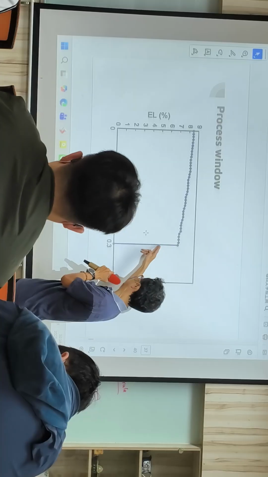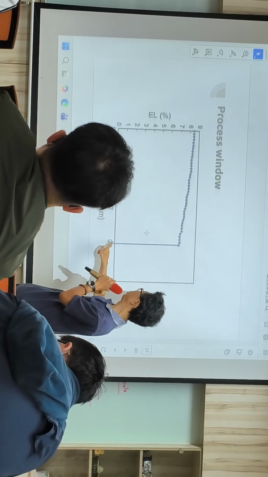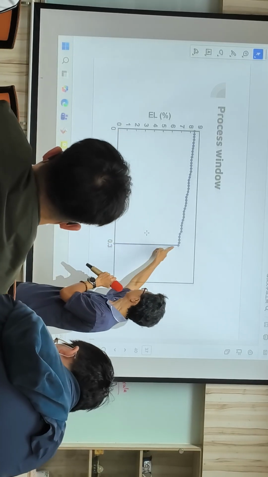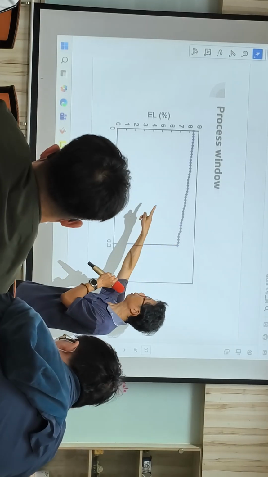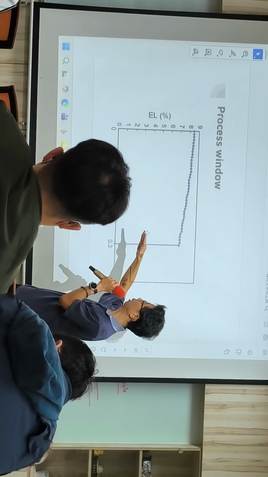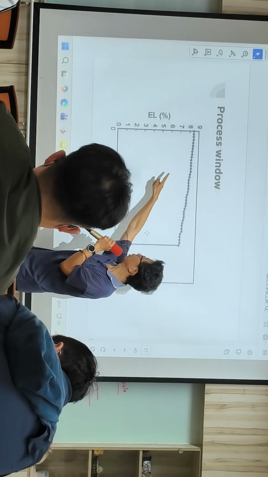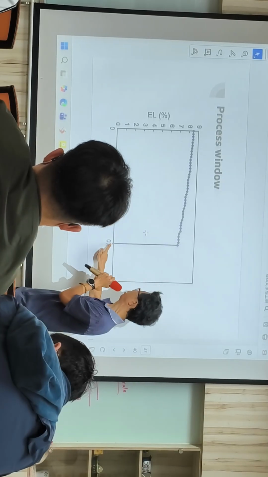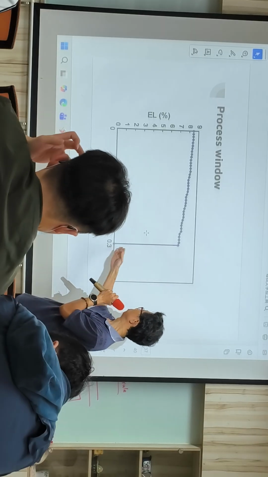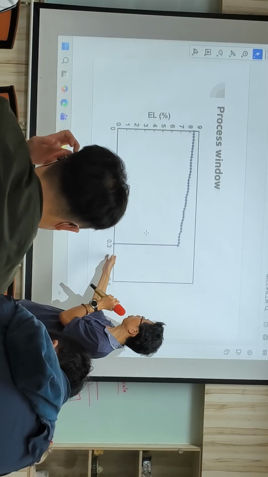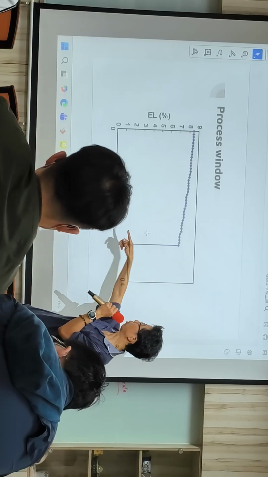And here it tells you when you have 0.3 depth of focus, you still have maybe around 7% EL. And after that, you have basically no depth of focus. That's what you have.